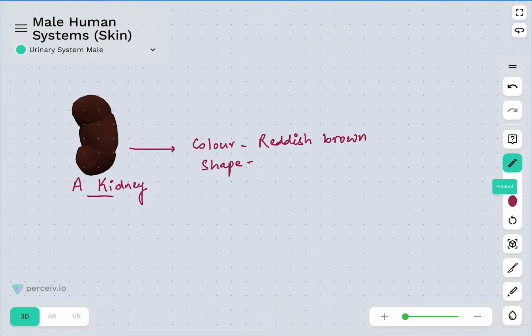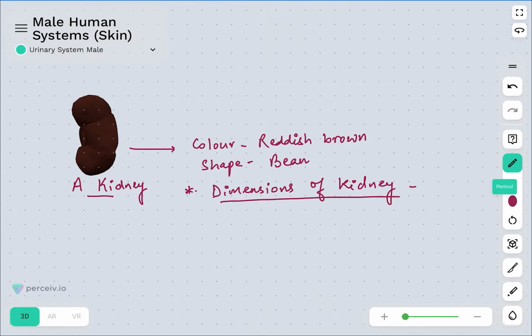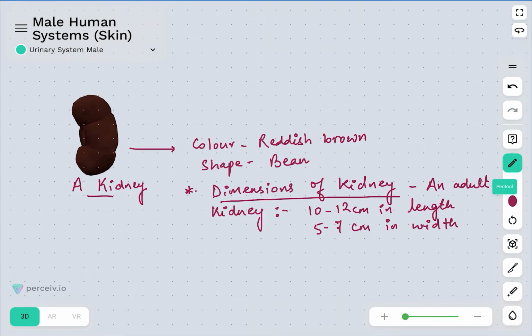The shape of the kidney is bean shaped. If we talk about the dimensions of the kidney, that means its length, width, and weight: each kidney of an adult human usually measures around 10 to 12 centimeters in length, 5 to 7 centimeters in width, and 2 to 3 centimeters in thickness.